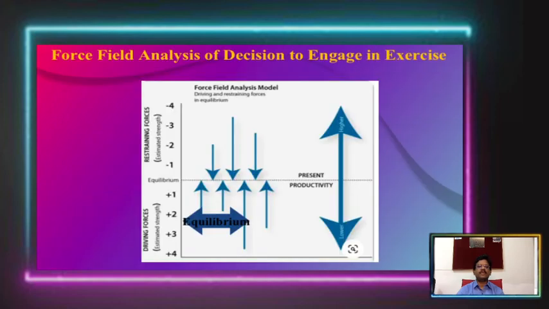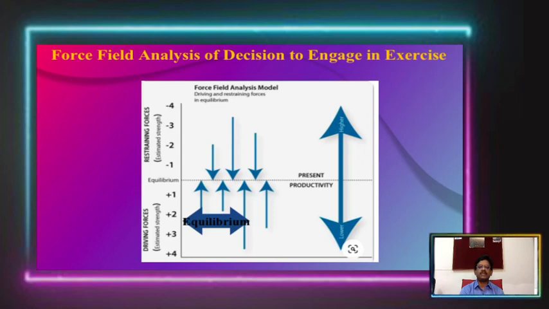Further, if you look at the theory of Force Field Analysis proposed by Kurt Lewin, these forces are managed by the managers. These forces are divided into two categories. The first category is the positive forces, and the second is the negative forces, meaning motivating factors and demotivating factors.